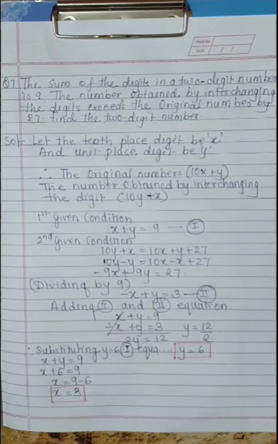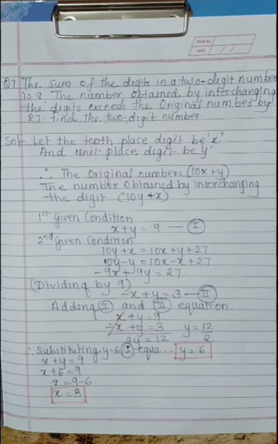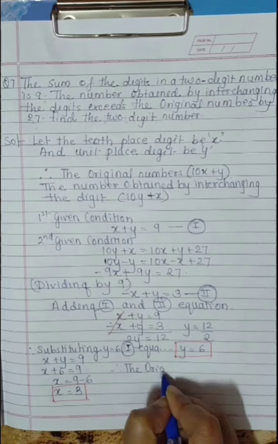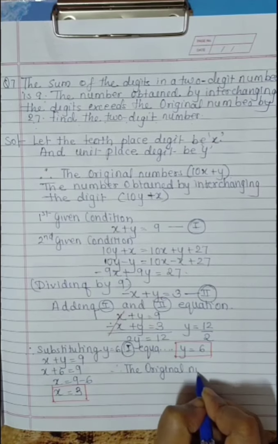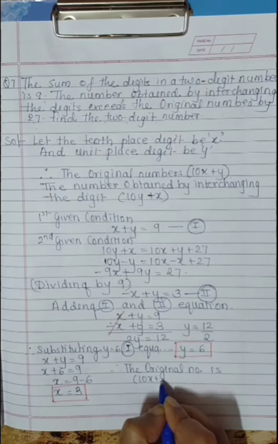Okay. Now the next step is to find the two digit number. Therefore the original number is 10x plus y.